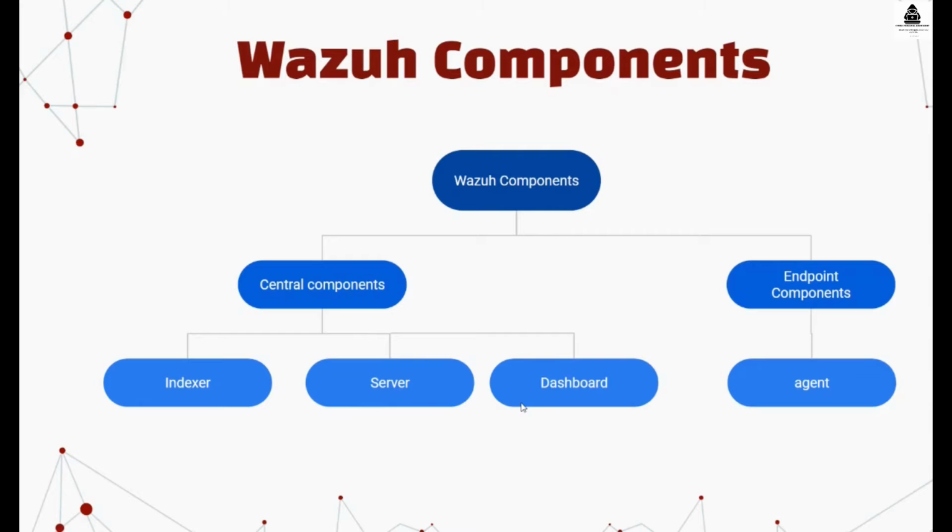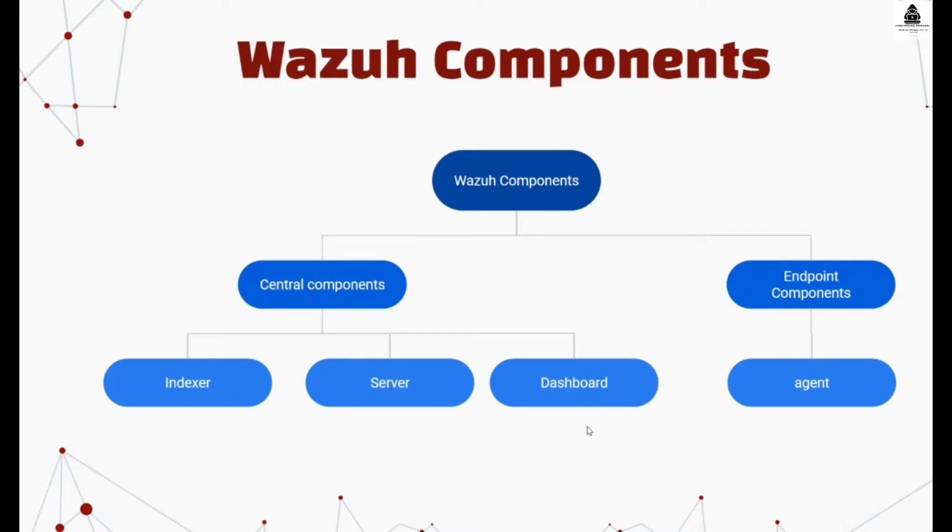It may be your laptop, desktop, a server, or any machine which you want to monitor and secure. You need to install the agent on that. We will go into agent and server specifications further, but this is the main component diagram. At the central level we have these components, and at the endpoint level we only have the agent which sends data to the central component.